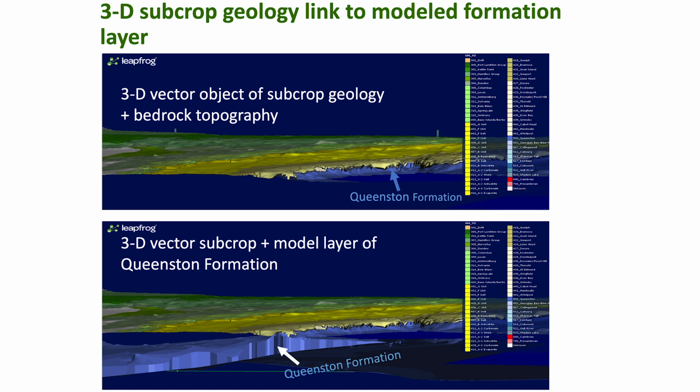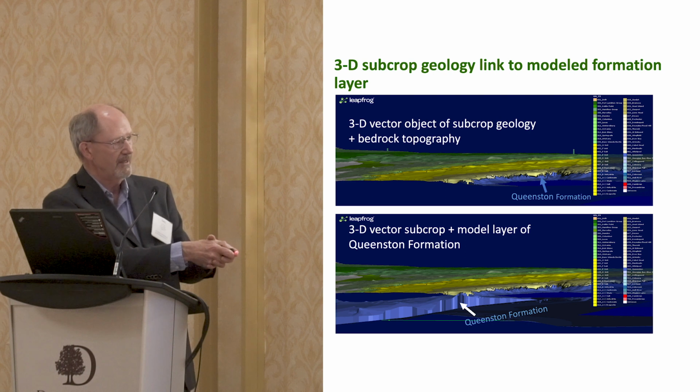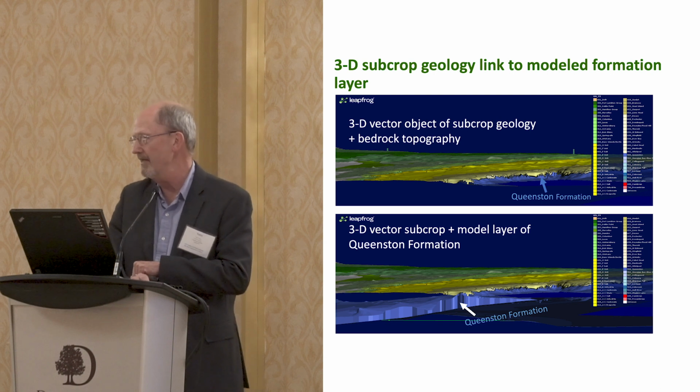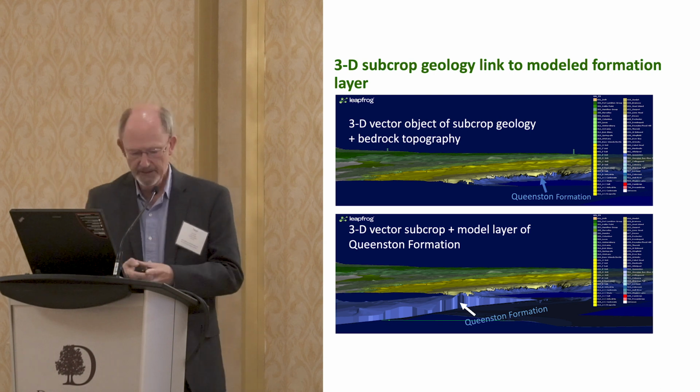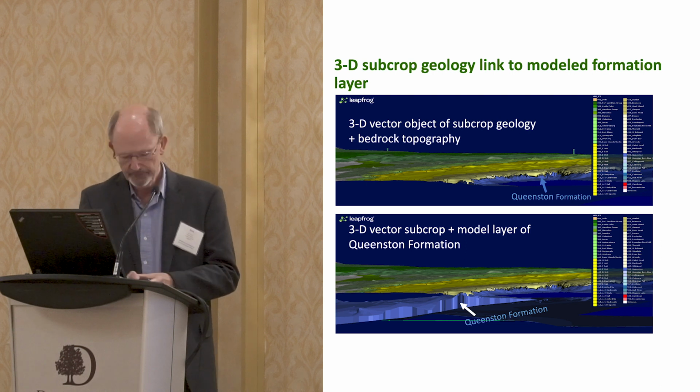So 21,000 data points with the 3D and geographic position of where the boreholes intersected the Queenston. So that's a model of the formation. And when you build the model, you truncate this layer. If you didn't have this layer to constrain where this formation goes, it would extend out past where it actually subcrops at the surface. So this constrains where this layer goes.